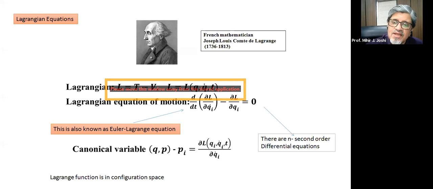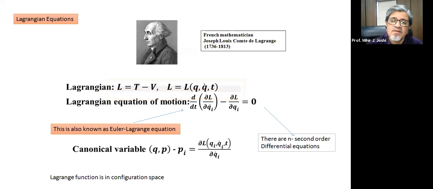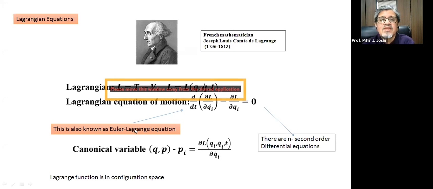Now, why is it known as a canonical relation? Because canonical variables q and p are related to each other through the Lagrangian function. So these are known as canonical variables. So here we can see very easily that pi is related to q dot i through the Lagrangian function.